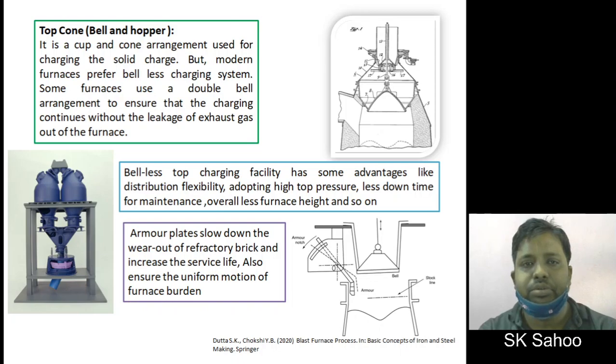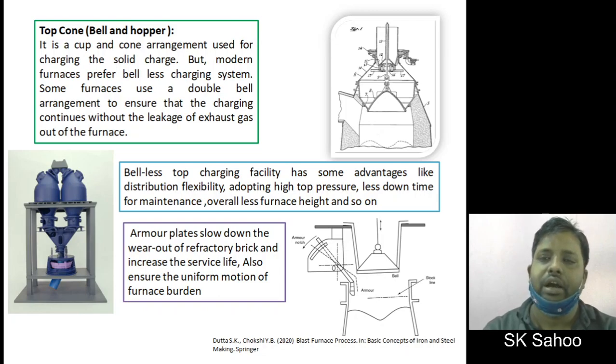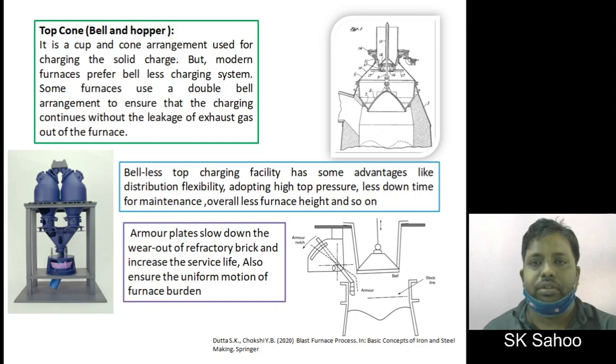Some furnaces use a double bell arrangement to ensure that the charging continues without leakage of exhaust gas out of the furnace. This is the bell charging system. This is your big bell. This is your small bell. So the top cone has these charging systems.